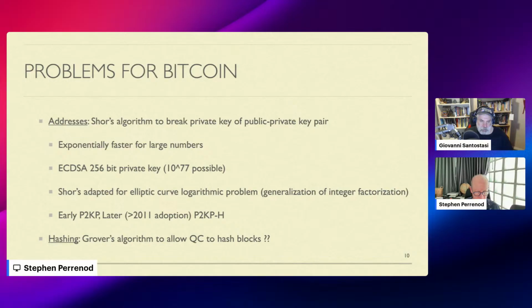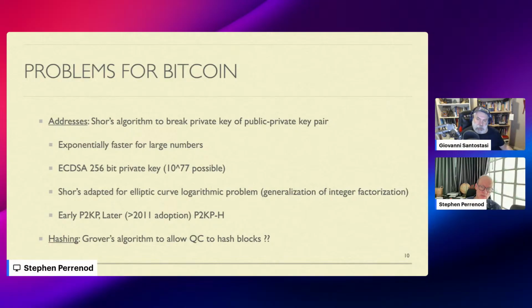And so these keys are not exposed until you actually move the coins. And when you move the coins, you do have to expose the public key. So for that duration, a quantum computer could potentially intercept and steal the coins. So that's the whole addresses issue and the keys issue.